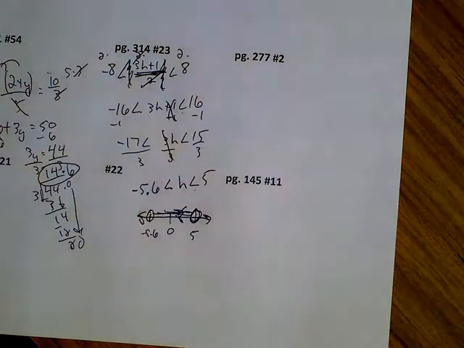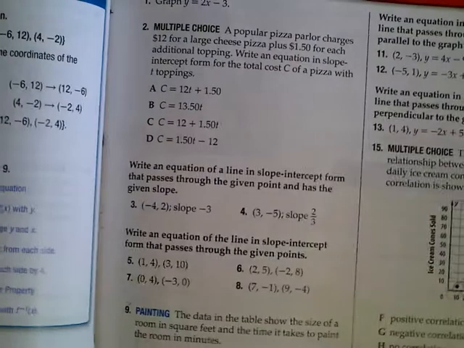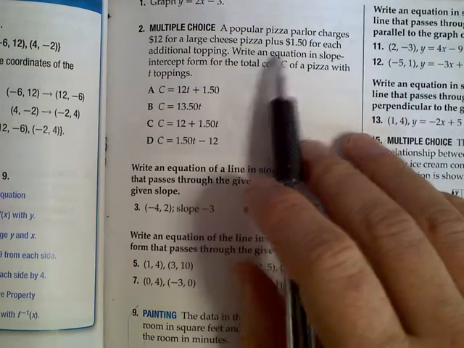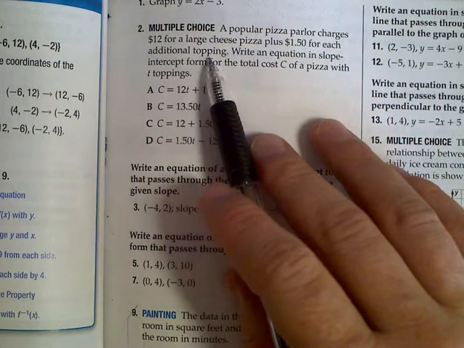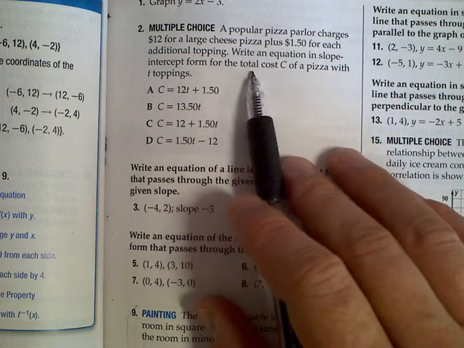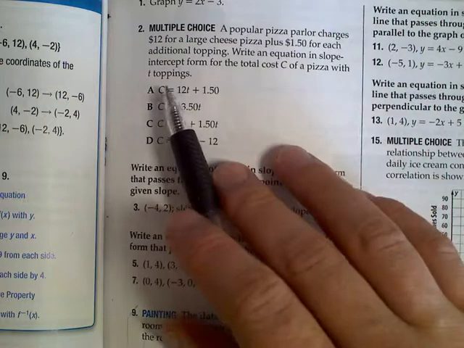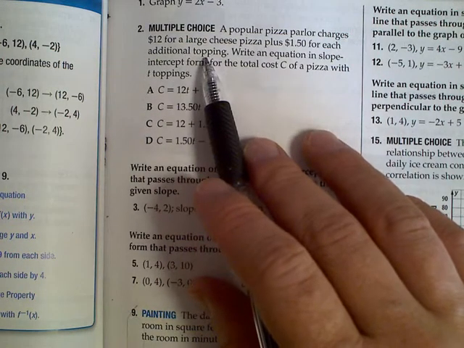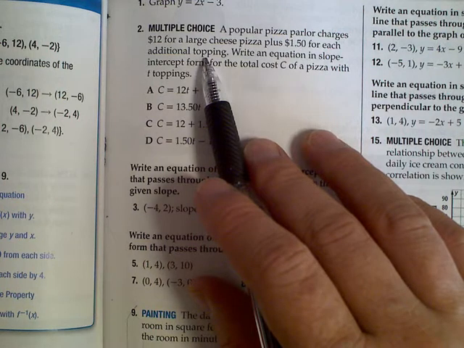Page 277, number 2. A popular pizza parlor charges $12 for a large pizza plus $1.50 for each additional topping. Write an equation in slope-intercept form for the total cost of a pizza with T toppings. So I know that my toppings is my variable, because that's what I'm solving for.